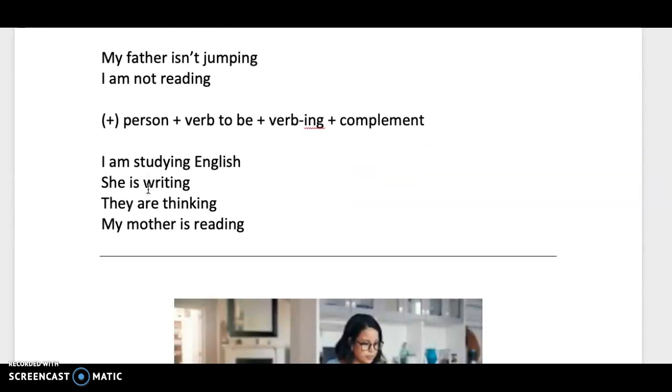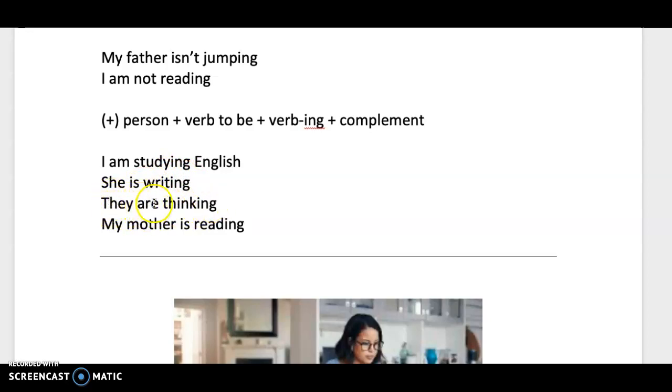With affirmative sentences, we have the person, the verb to be, the verb with ing, and the complement. That is very easy. It's like I am studying English. Yo estoy estudiando inglés. She is writing. Ella está escribiendo, ando, endo, indo. They are thinking.